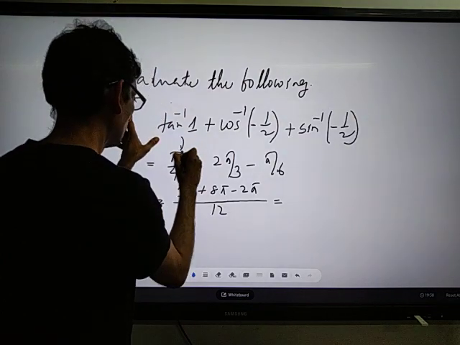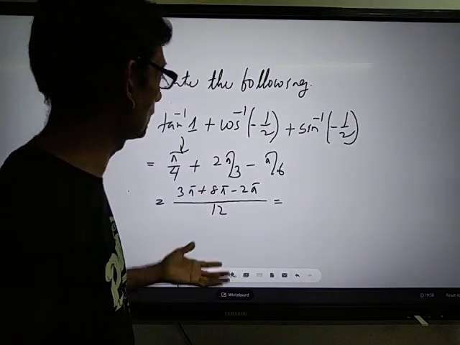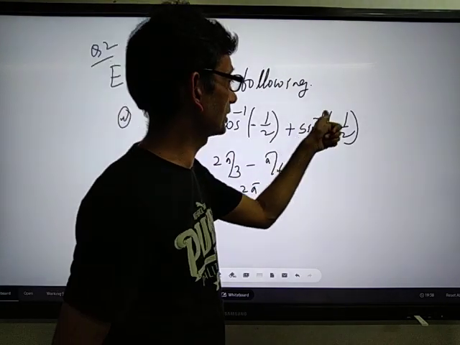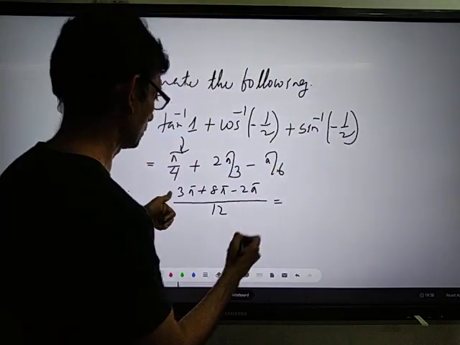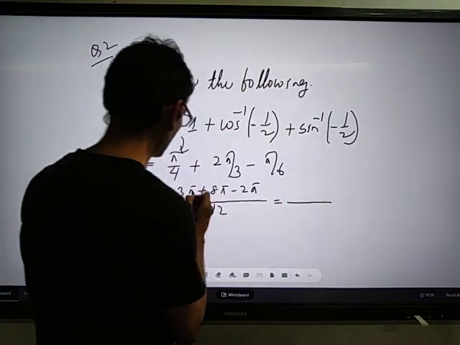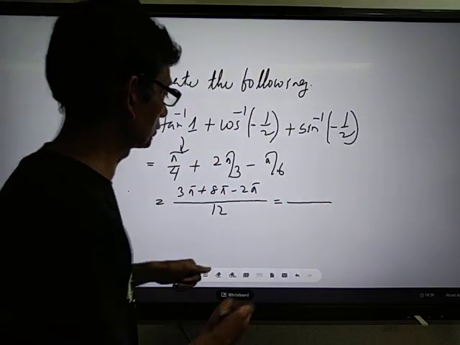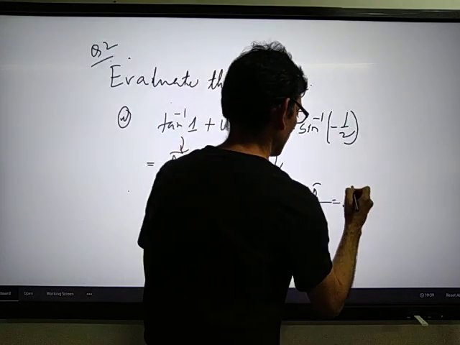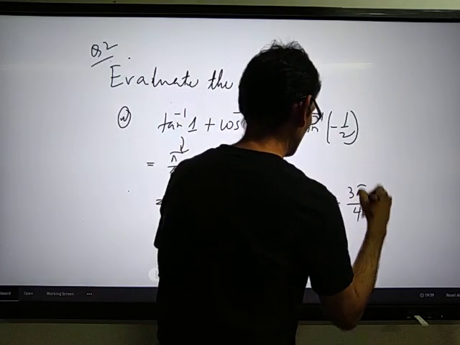This one is obviously pi by 4, and cos inverse minus half from the previous question, and similarly we have done sine inverse minus half also. So finally, 3 plus 8 is 11, minus 2 is 9 pi by 12, that is 3 pi by 4.